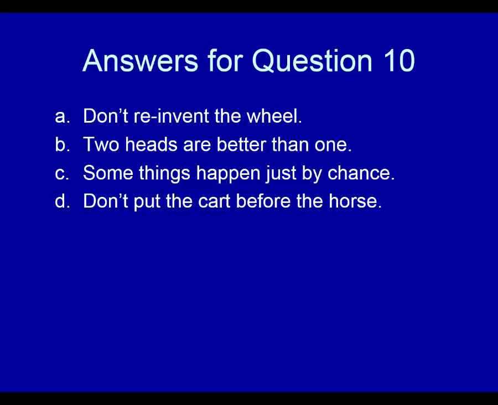So the answer is A, don't reinvent the wheel. Why waste time doing a study of a theme where the answer has clearly been given by previous research? You're not very often going to find this to be the case because much research, when it's done by many different people, is rather equivocal in the conclusions that are drawn.